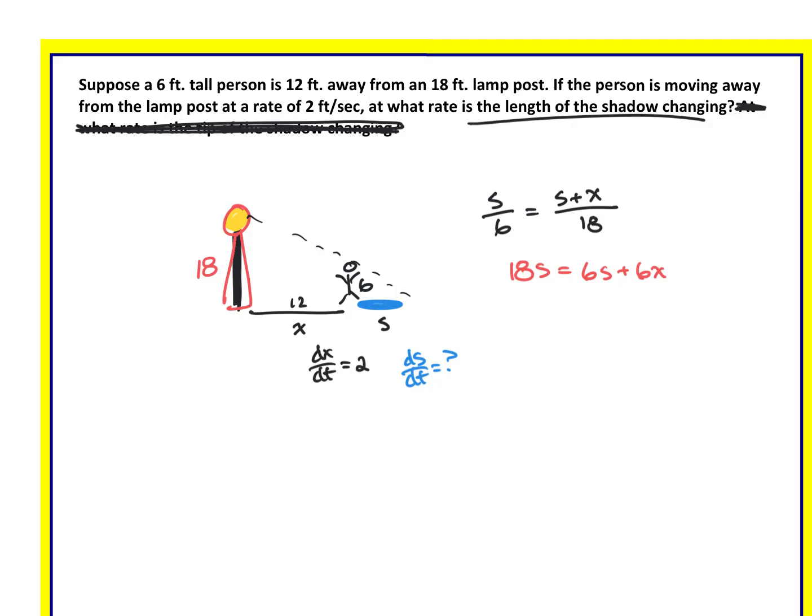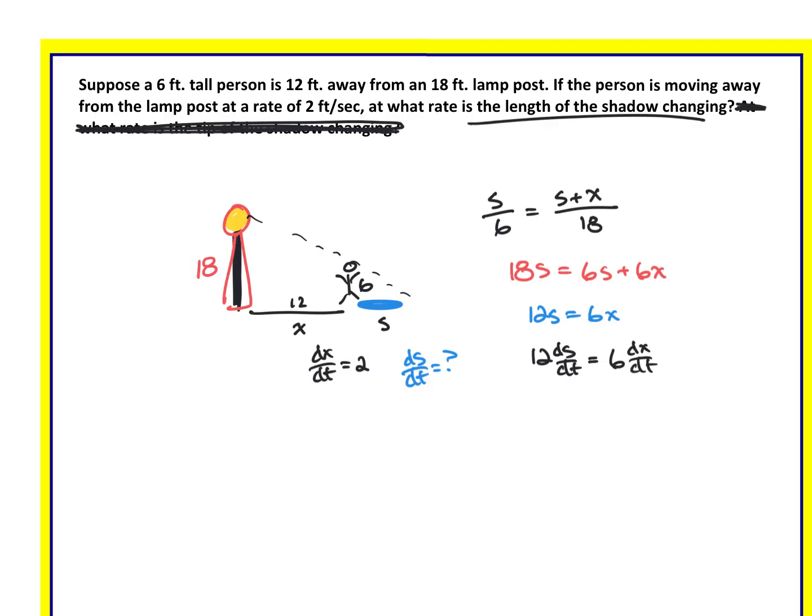I personally like to get all my s's and x's together. So how many s's do I end up having this time? 12s is equal to 6x. And this is where I like to start taking derivatives. Now when we take a derivative, what's the derivative of 12s with respect to time? 12 ds/dt is equal to 6 dx/dt.